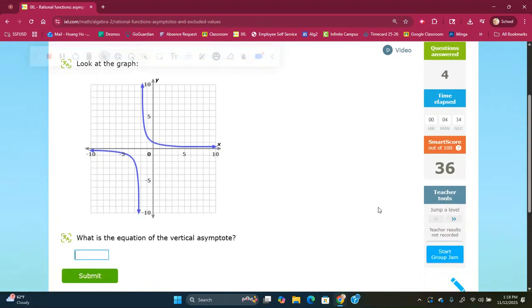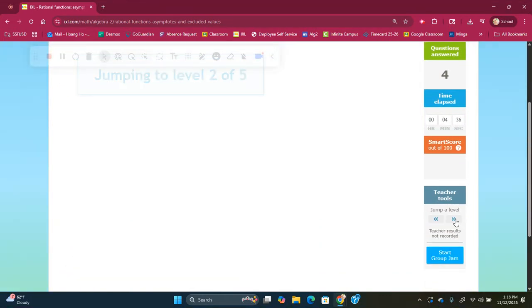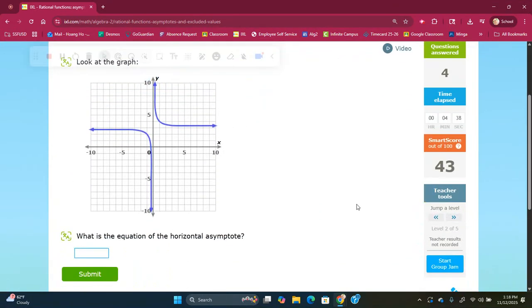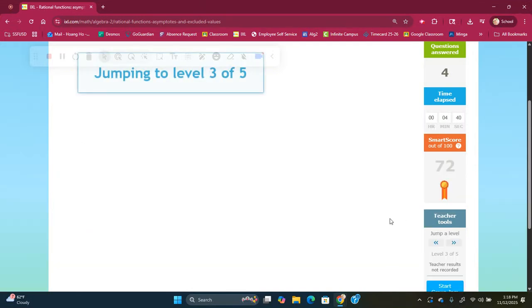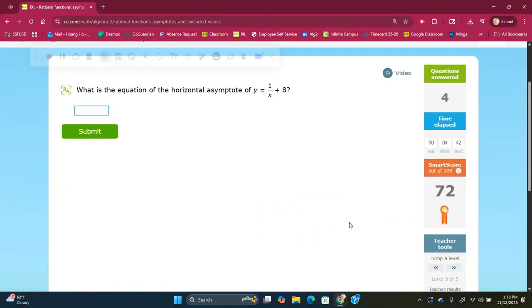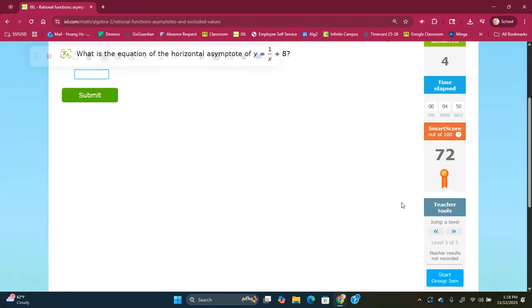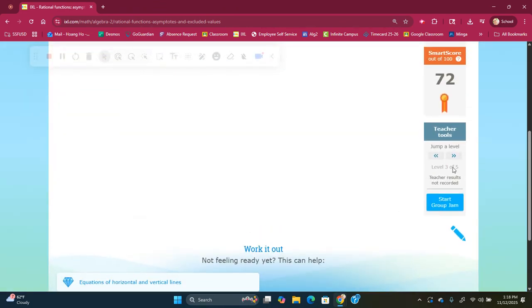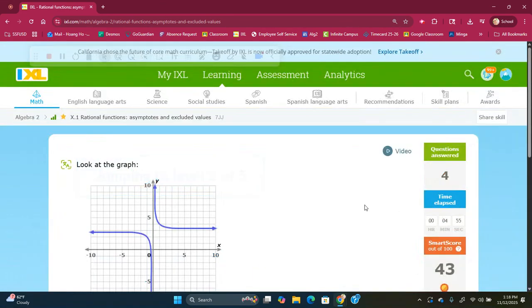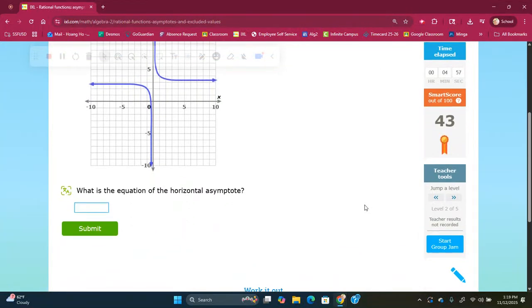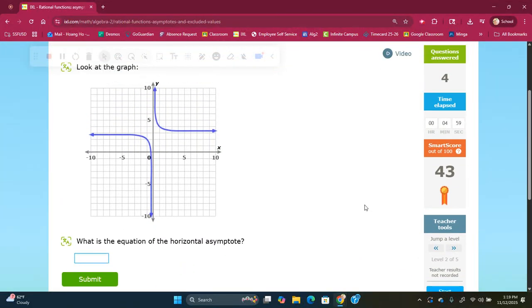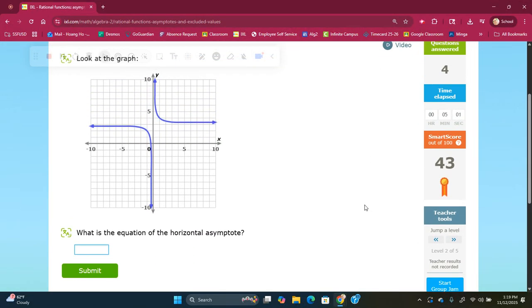So now let's move to the next level. The next level, I'm going to ask you for the horizontal asymptote. Where is the question about the excluded value? Maybe I go back over here and I can see it. I don't see excluded.